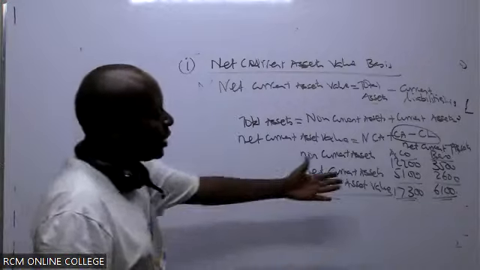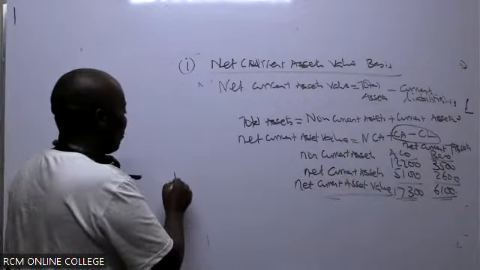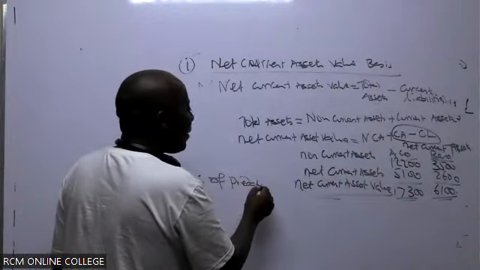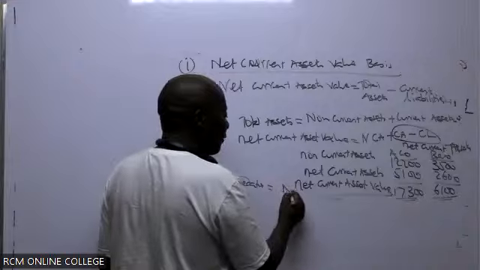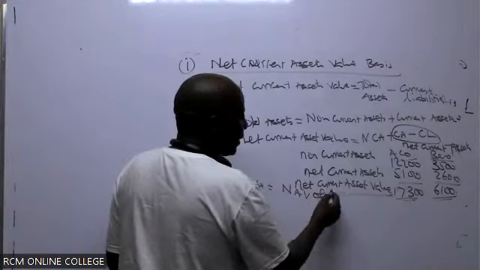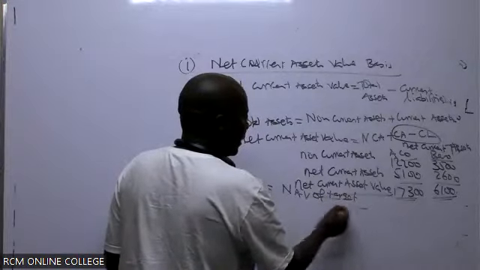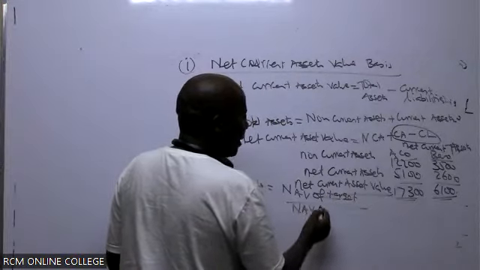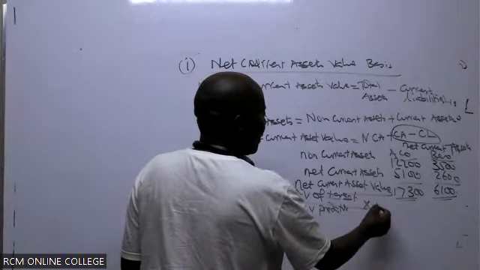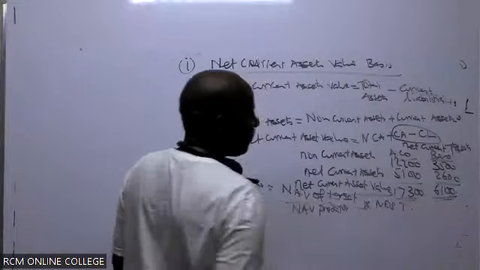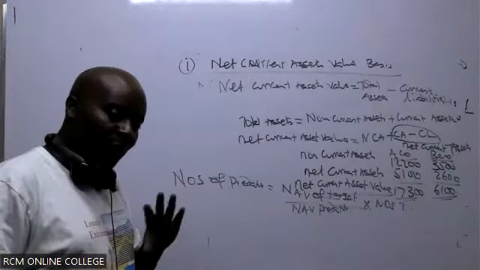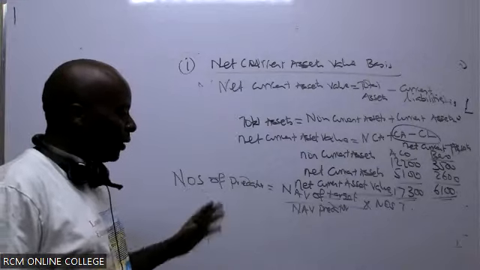If you're using this to get the number of shares of the predator, you take the NAV of the target over the NAV of the predator, times NOS T. I want you to watch this video again. Very important.